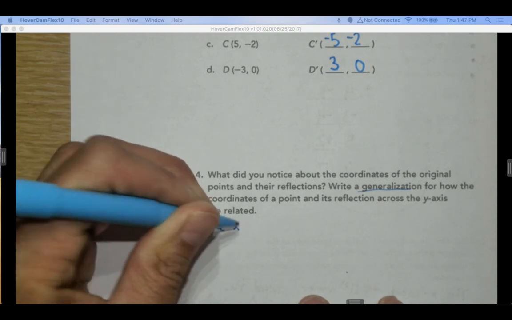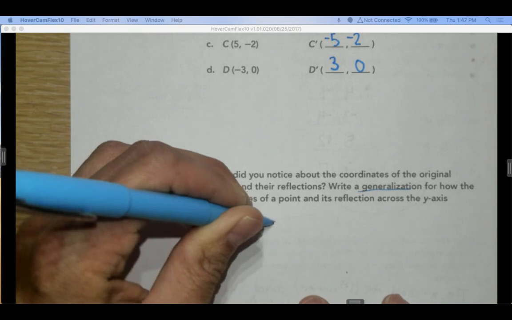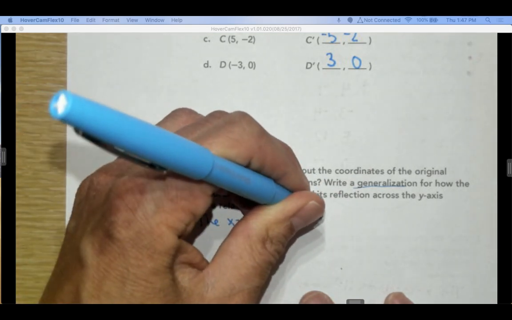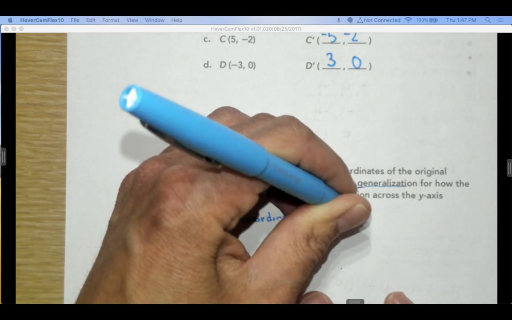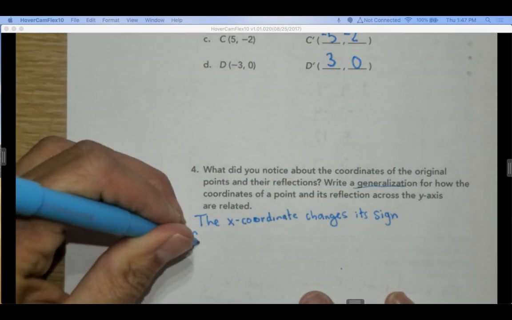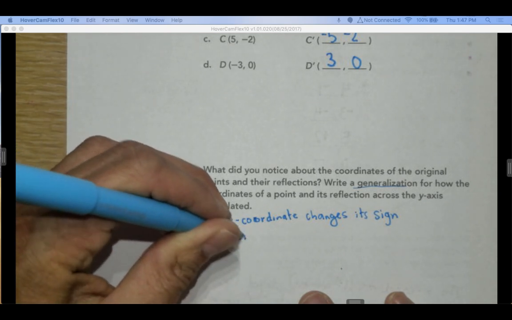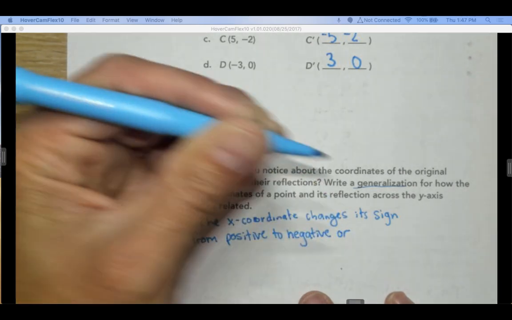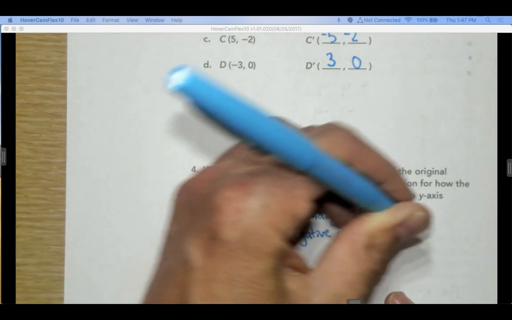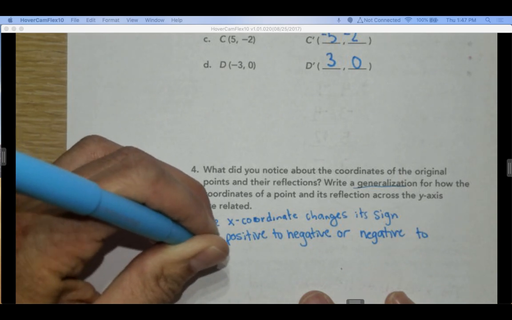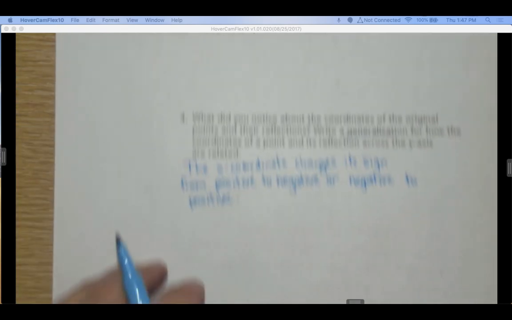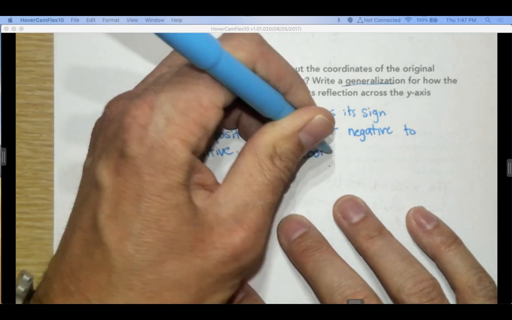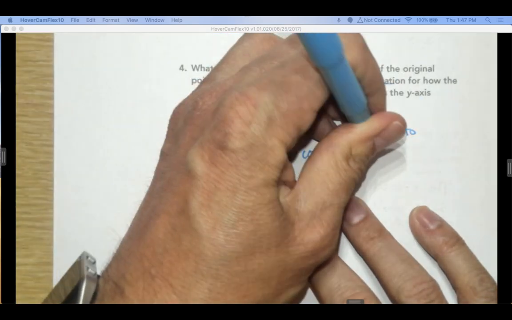The x coordinate changes its sign from positive to negative or negative to positive. Okay. The y coordinate stays the same.